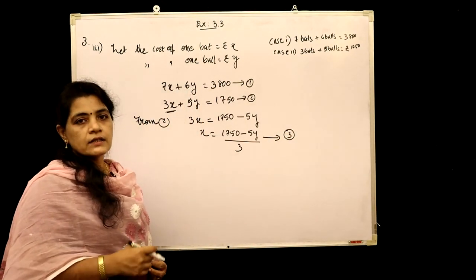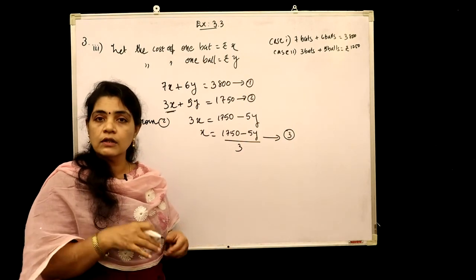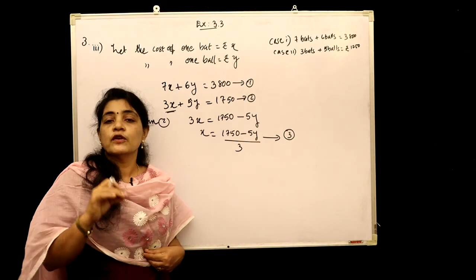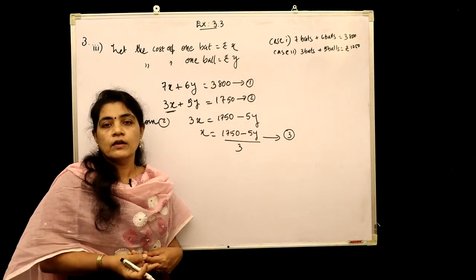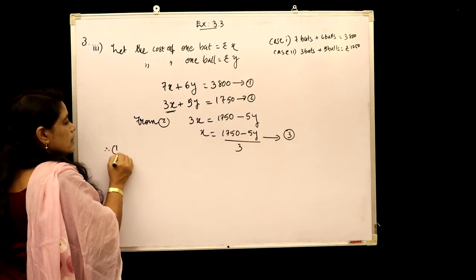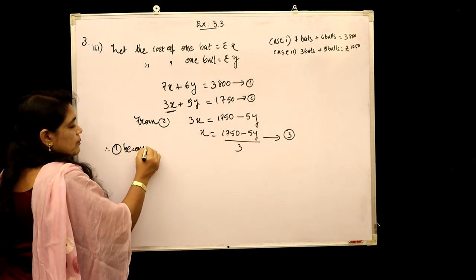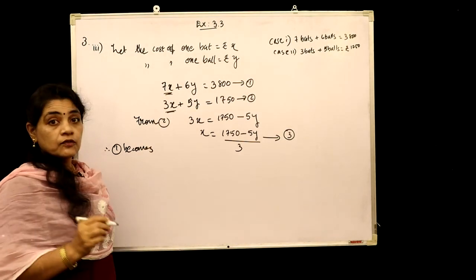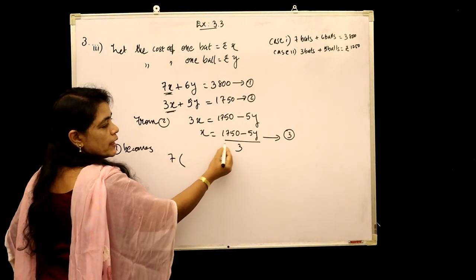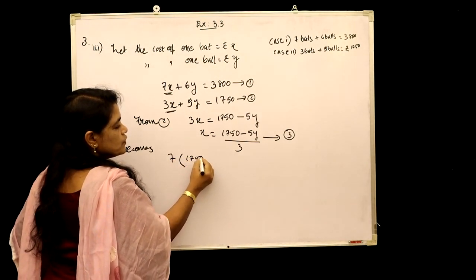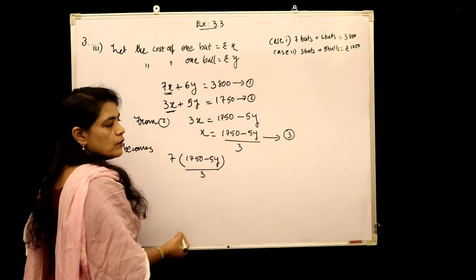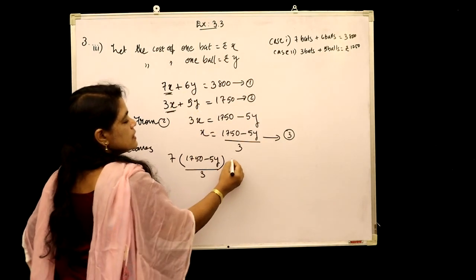Steps are clear, children? How we formed and how we solved, the same steps we are following. So now we are going to substitute for x in equation 1. We have this value from equation 3, so I am going to substitute for x in equation number 1. That is 7 into x, which is 1750 minus 5y by 3, and the second term 6y.